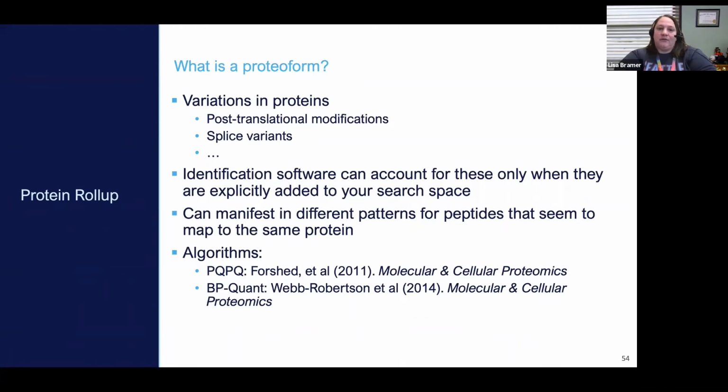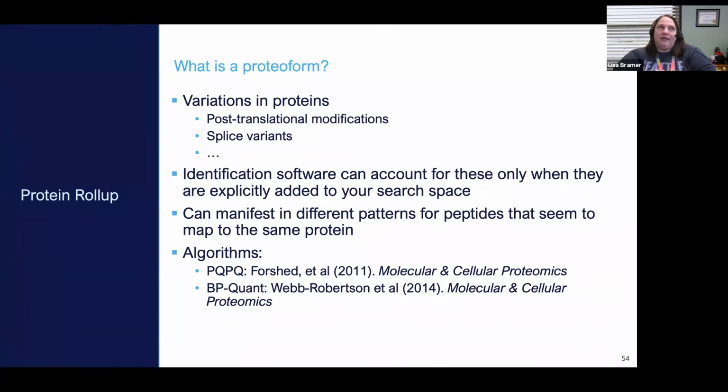One algorithm that exists to do this is called PQPQ by Jenny Forshed. The reference is here. This algorithm was developed and they look at correlations between peptides. What I'll say here is this algorithm was developed on targeted proteomics data sets, which we haven't spent any time really talking about.